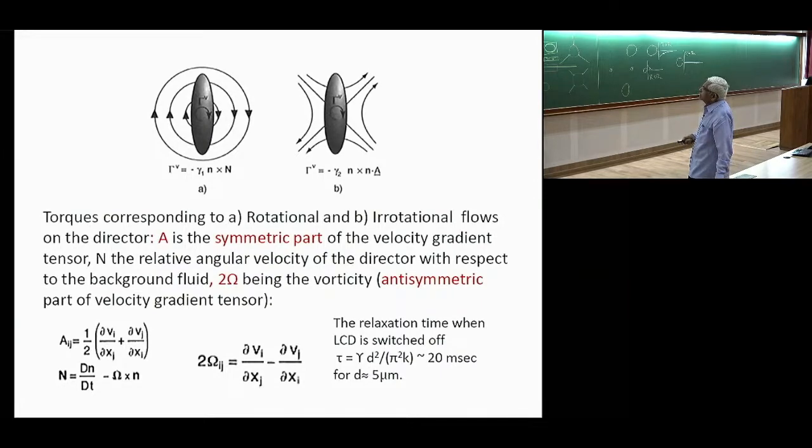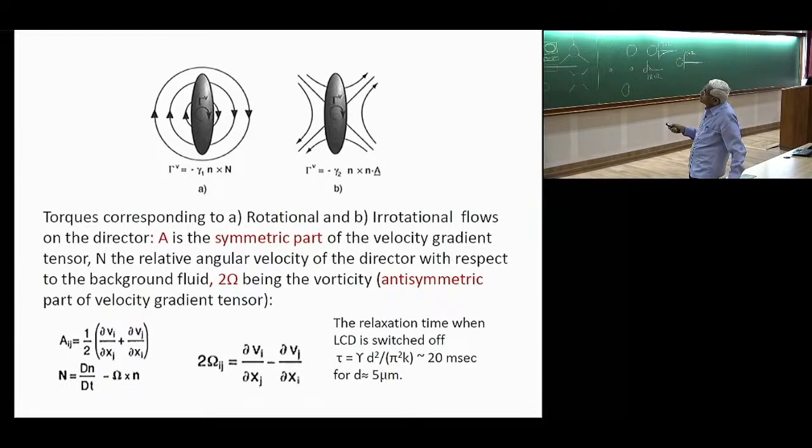So let me just pictorially give you some idea of this. See, there are two possible torques. Let me start with this: a torque which is dependent on an elongational flow of the medium. So this is connected with A, which is the symmetric part of the velocity gradient tensor.